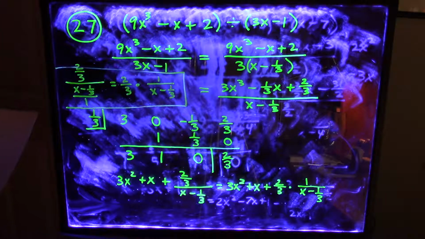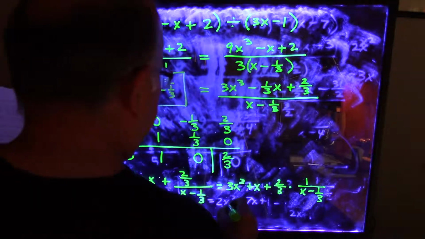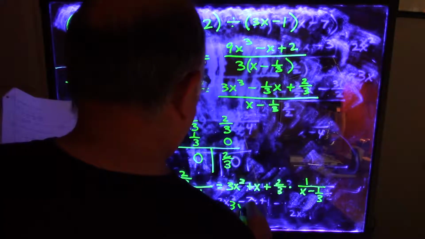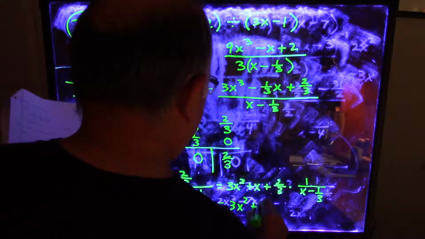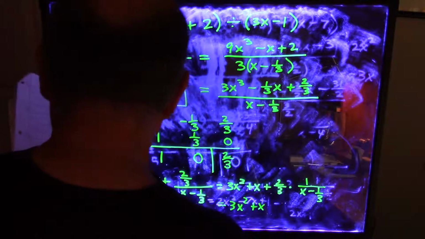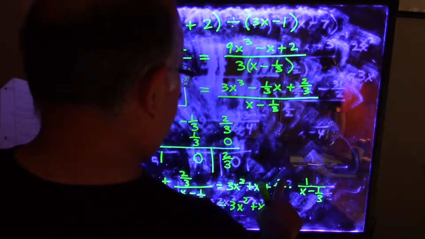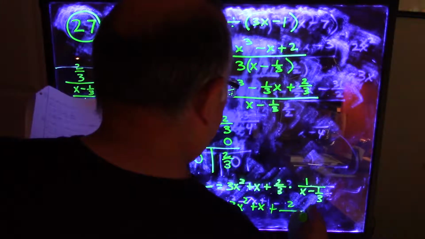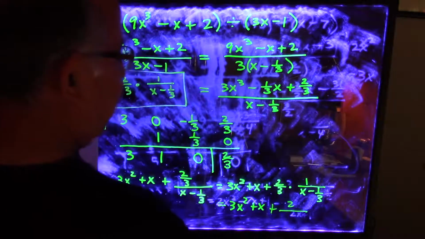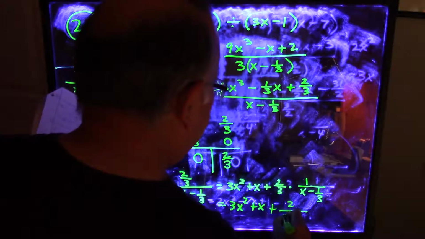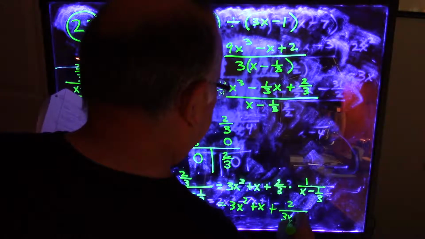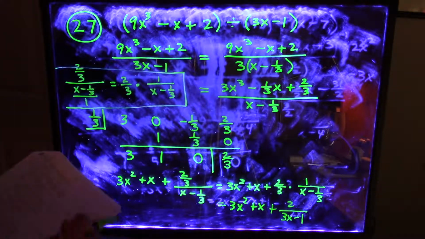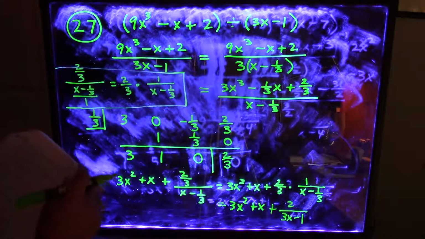So that equals 3x squared plus x. Multiply the 2/3 through, so you've got 2 times 1 is 2, so I've got plus 2 over 3 times x minus 1/3, that's going to be 3x minus 1. And now it's written in a way that probably agrees with the book's answer.